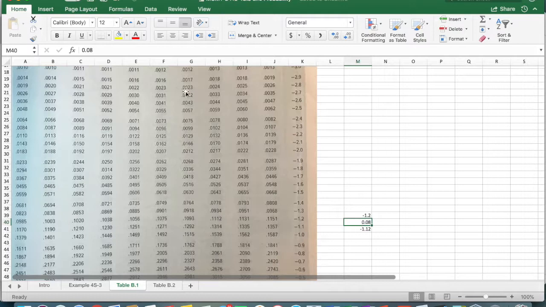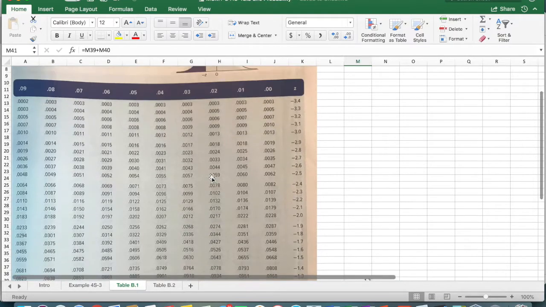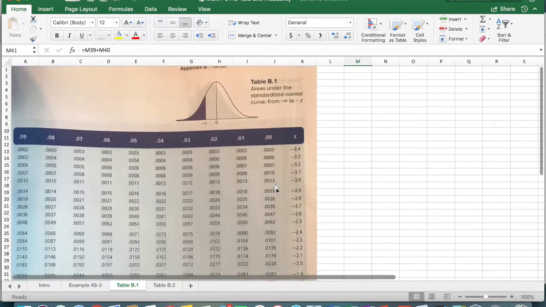Sorry, I messed up, this is negative. There we go, that makes more sense. Our z value is negative 1.28, so negative 1.2 and then 8 for the column. So at a z value of negative 1.28, the area under the curve is 10%.